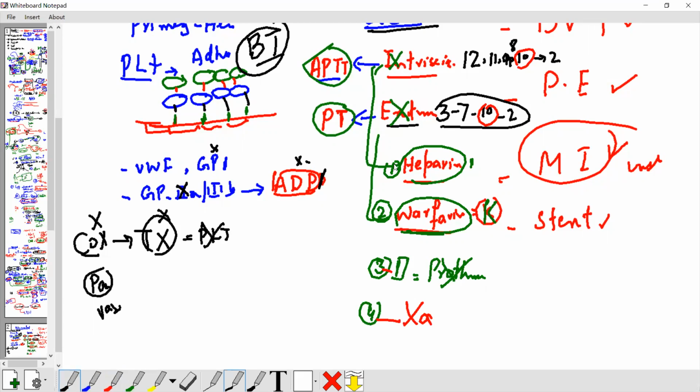Okay, heparin-related drugs, warfarin, thrombin antagonist, factor number 10 antagonist. So these 4 drugs block the intrinsic and extrinsic pathway.